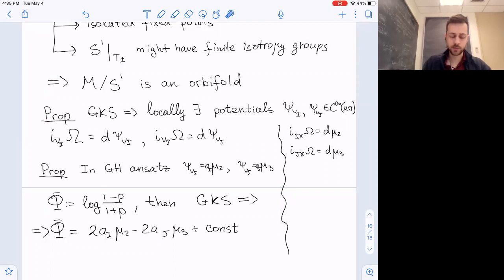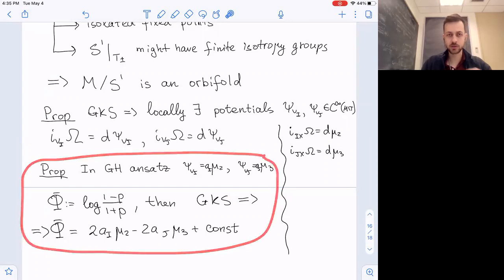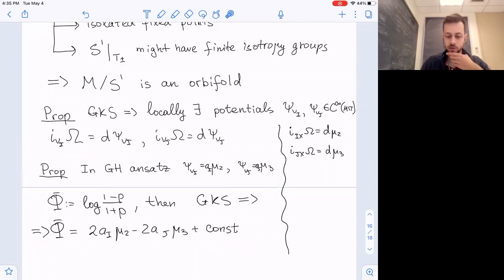To write down this proposition, since the Generalized Taylor-Sullivan equation is local, this is also a local statement. So I assume that I'm working on a patch of a manifold where mu_2 and mu_3 are honest functions. Does that answer your question?